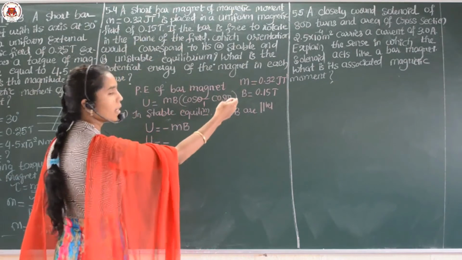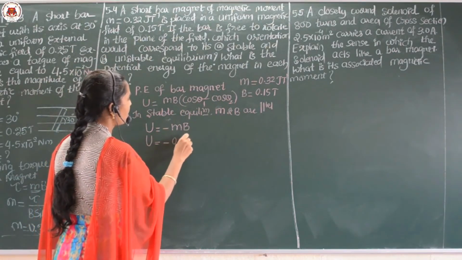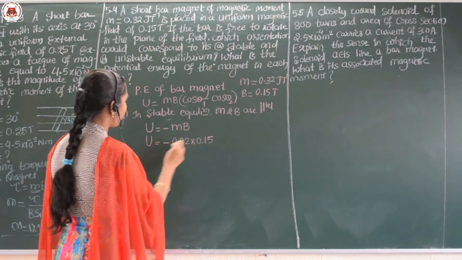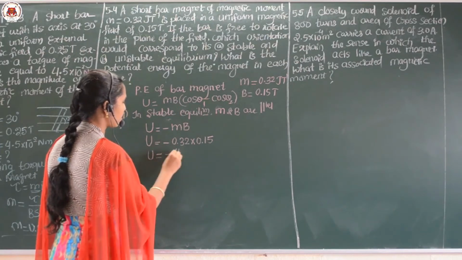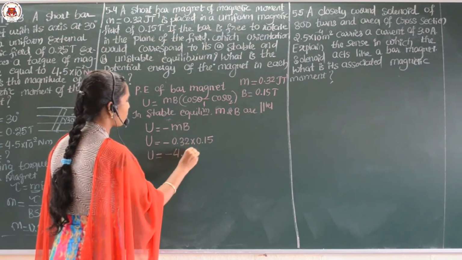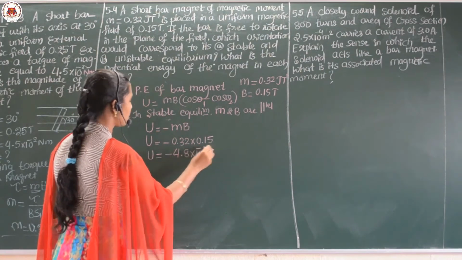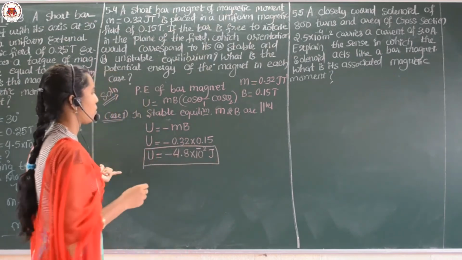Use those two values in the formula, that is 0.32 into 0.15. If you simplify this, you will get the answer minus 4.8 into 10 raised to minus 2 joules.